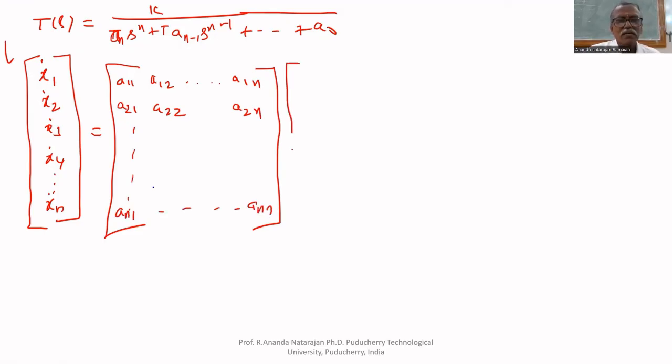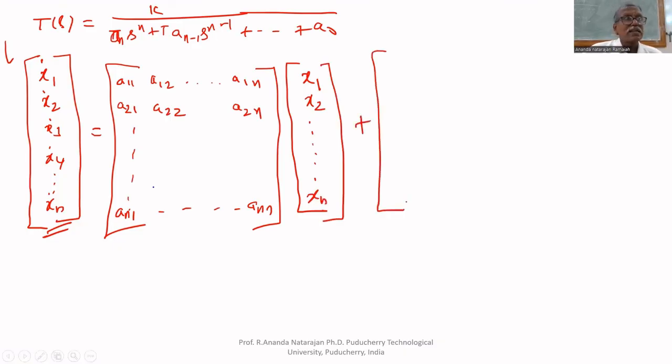Here, what will you write? Multiplying the state variables x1, x2, etcetera, up to xn, you will write plus m input variables: B11, B12, B13, etcetera, B1m, down to Bn1, etcetera, Bnm.